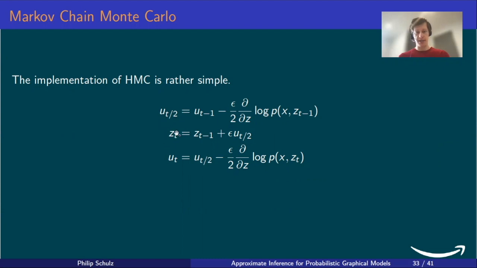Then we're going to update Z by one full step, and then we're going to do another half step of U. So instead of updating all variables jointly, as we did with variational inference, we're updating them one after the other. But instead of taking full updates for U, we're just going to take half updates for U at each point. And that has to do with the convergence of the simulation of the Hamiltonian dynamics.